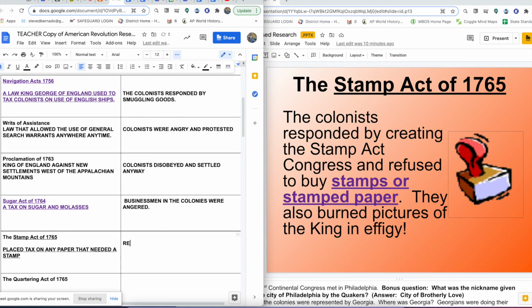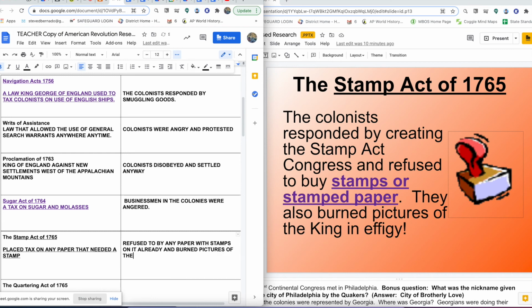So the colonists refused to buy any paper with stamps on it already and burned pictures of the King of England. Whoa. Now things are starting to heat up. Get it?